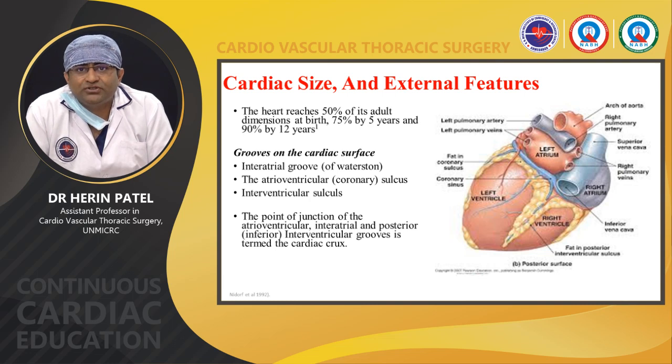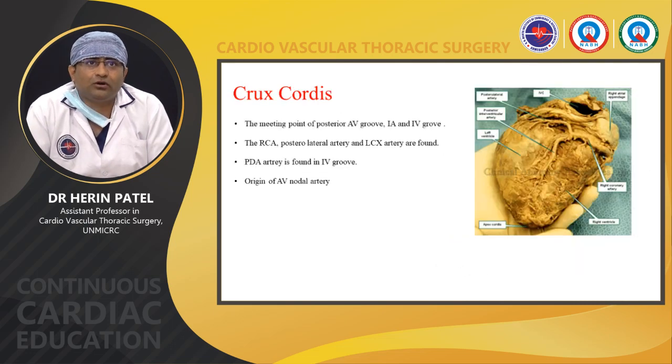Here you can see the posterior interventricular sulcus, which is the location of the posterior descending artery, and at the atrioventricular junction, you can see the continuation of the right coronary artery.